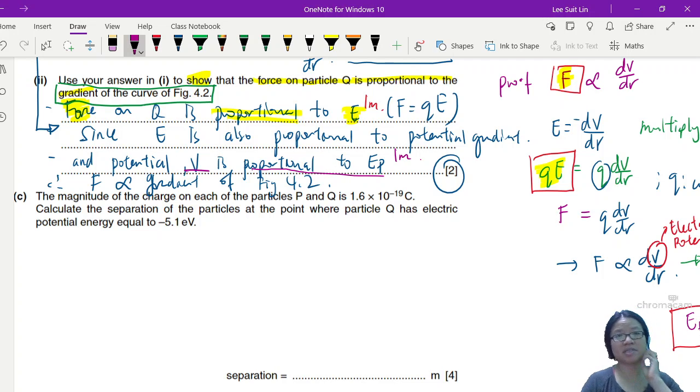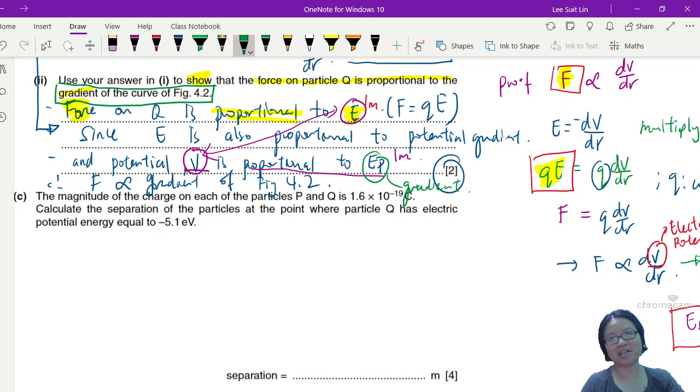And since EP and E, this one and this one, sorry, this one and this one, are related, and this one is the gradient of the graph. So by like 4 degrees of separation, this gradient is proportional to force.